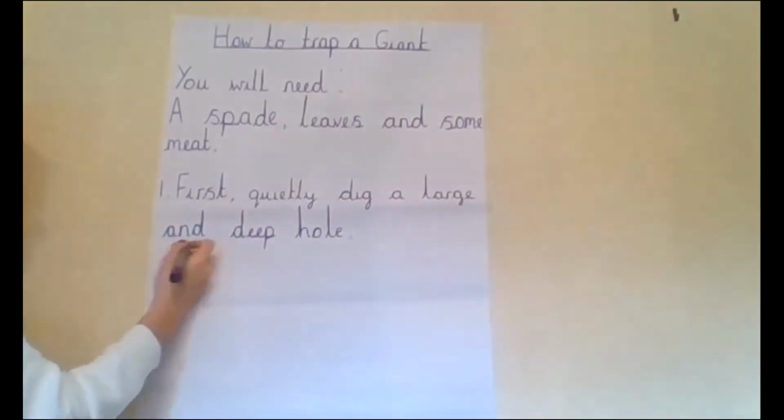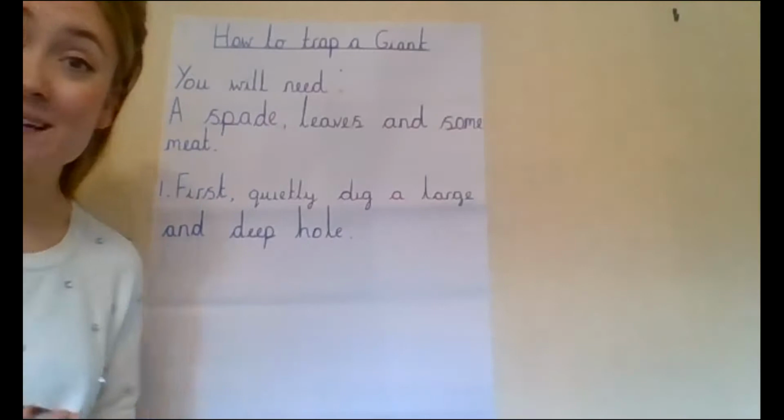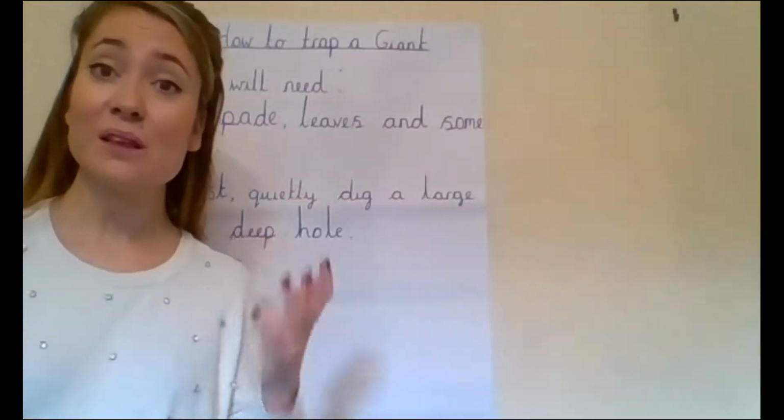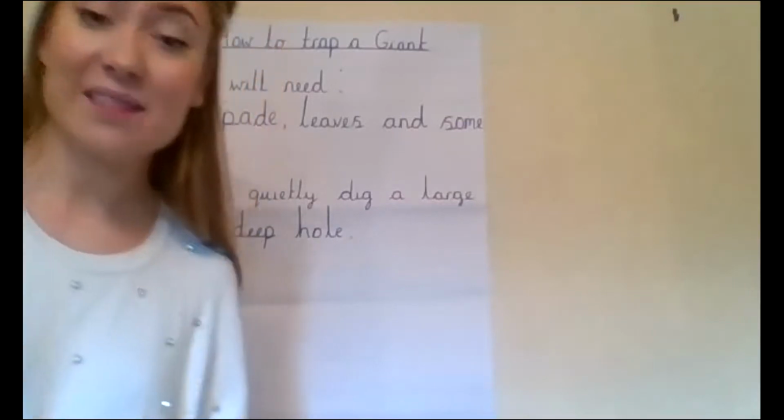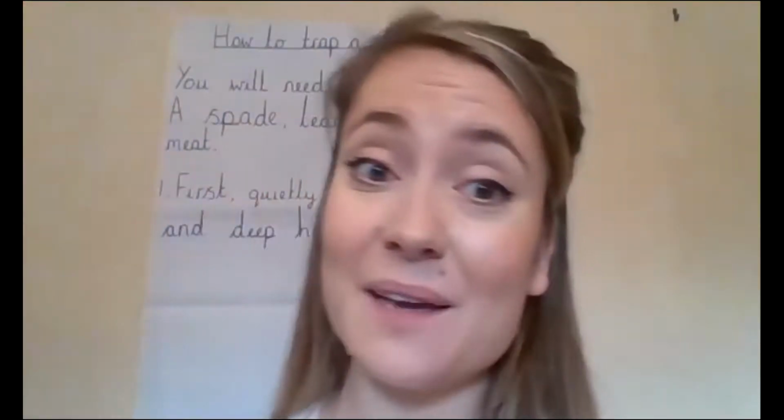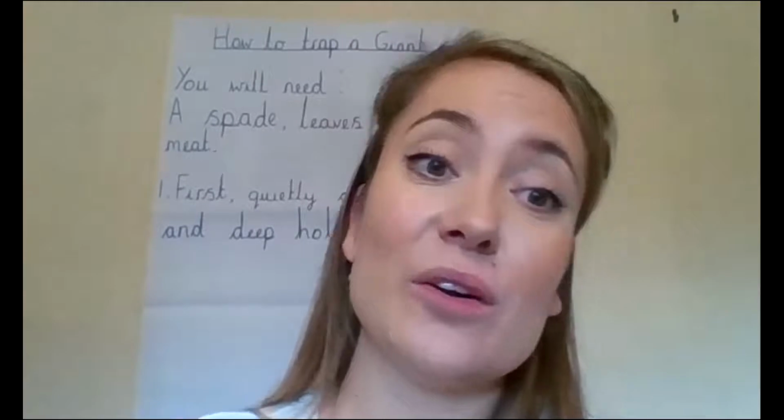Then I'd go on to 2 and I'd start a new line and do my next instruction. So I'm not going to carry on because I think that you are going to need a little bit of time for this activity because it's a little bit longer and it might take you a bit longer to do. So I totally understand if it takes a couple of tries, okay, but just try your best, see how much you get.